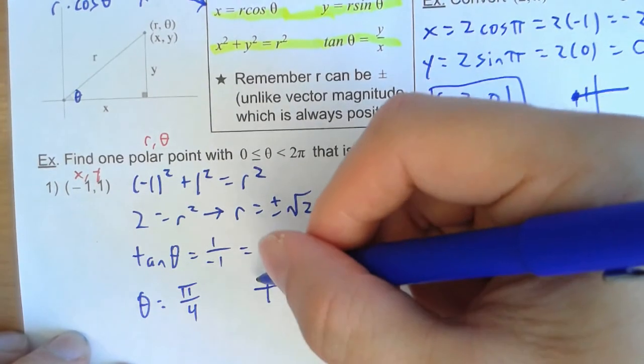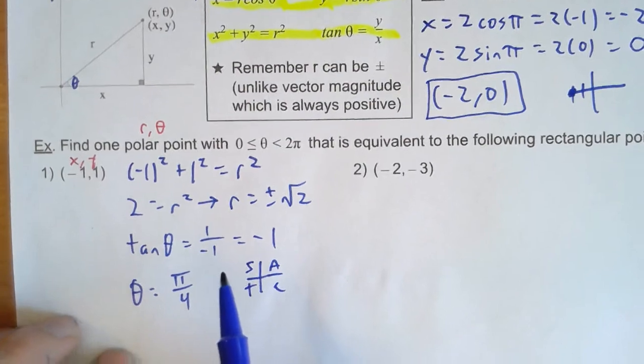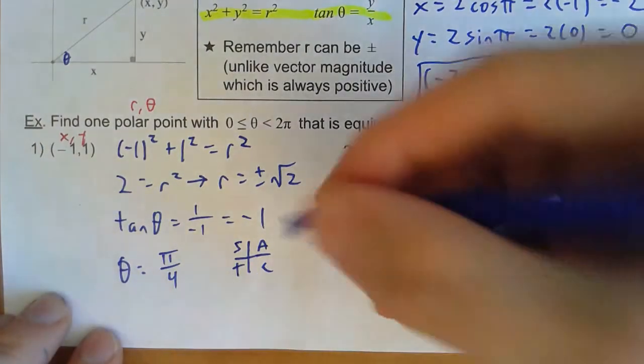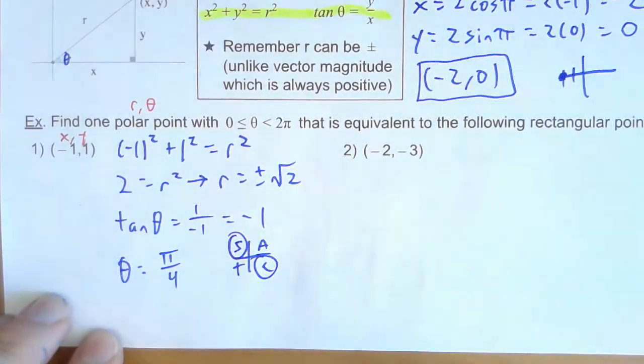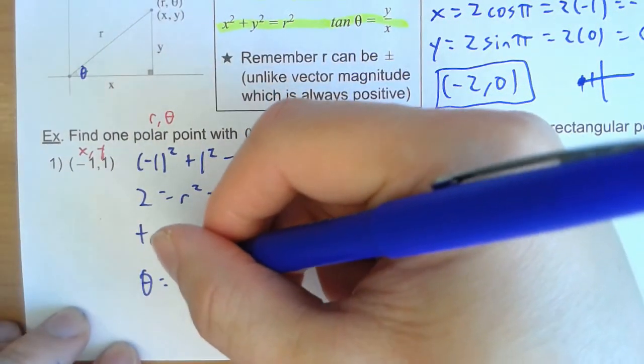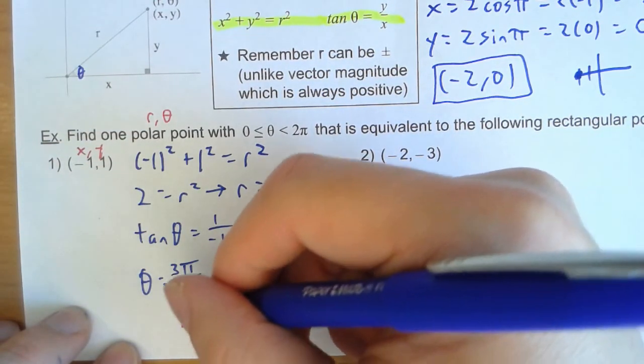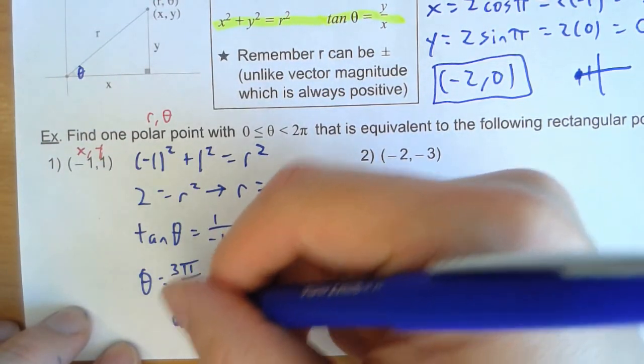So again, in this class, ASTC is probably the most common thing that you should be doing over and over and over again. Tangent being negative, that's second and fourth quadrants. So a second quadrant, pi over 4, that's your 3 pi over 4. And fourth quadrant, that's your 7 pi over 4.